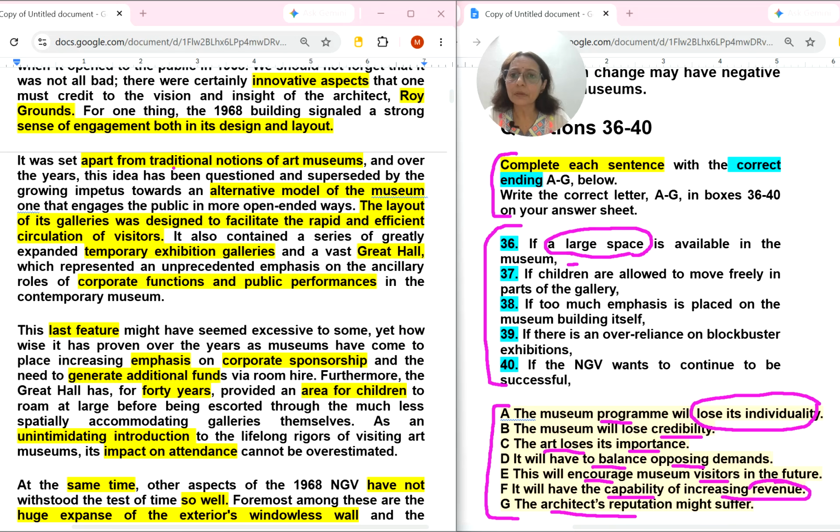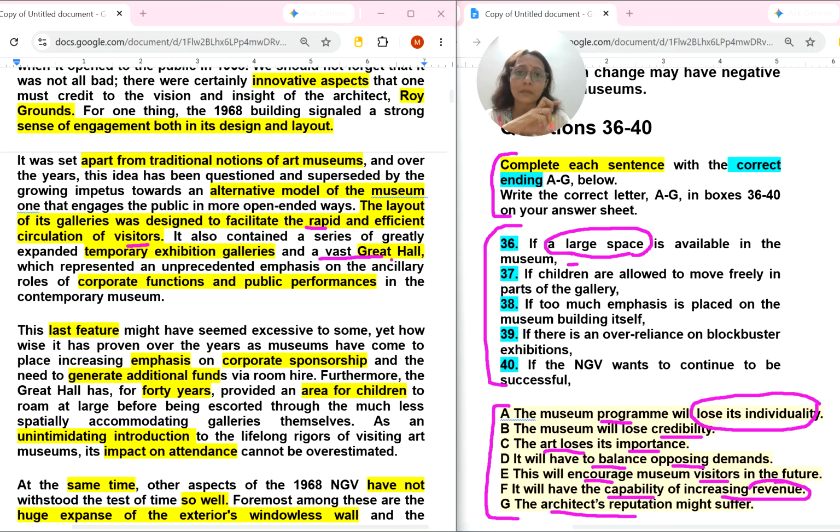Then traditional notions of art museums, alternative model of the museum. I am looking for large space. The layout of the gallery was designed to facilitate the rapid and efficient circulation of visitors. It contained a series of temporary exhibition galleries and a vast great hall. I think this is the location.